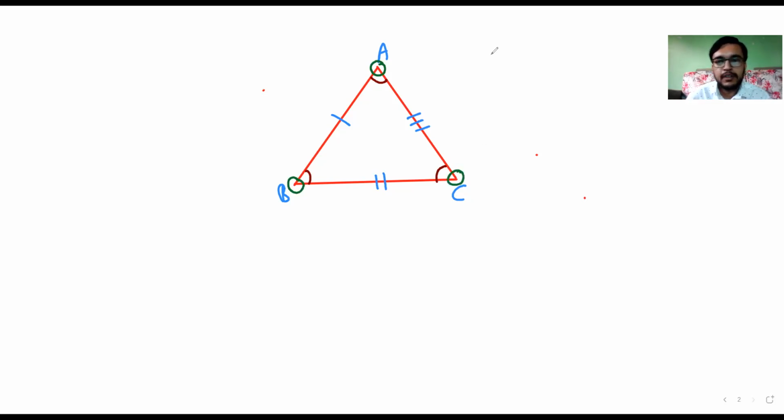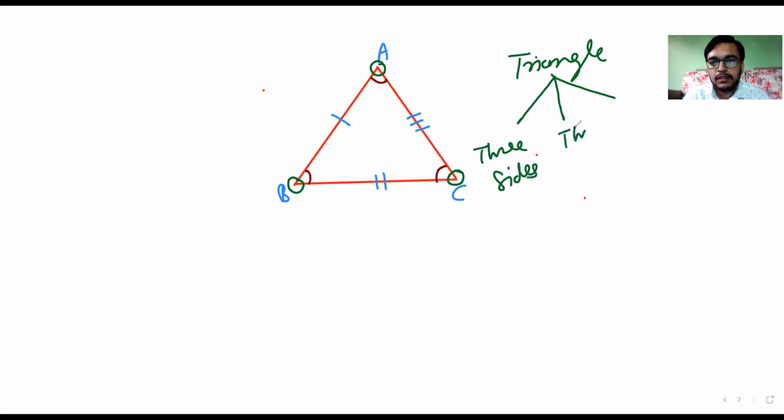Okay. So triangle basically has three sides, three angles, and three vertices. Right? Three sides, three angles, and three vertices. Okay.